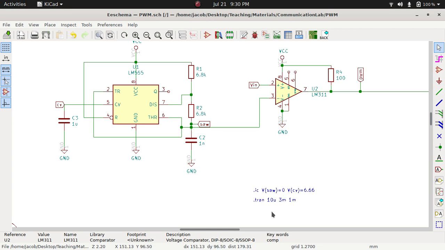So I'll give the initial 1 millisecond for some settling of the circuit, and then from 1 millisecond to 3 milliseconds I'll collect the data with 10 microsecond interval. If the simulator sees that higher granularity is needed for accuracy, it will automatically take that.